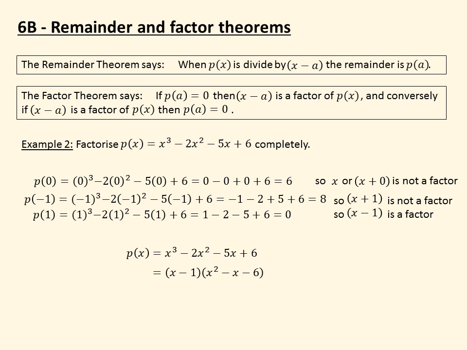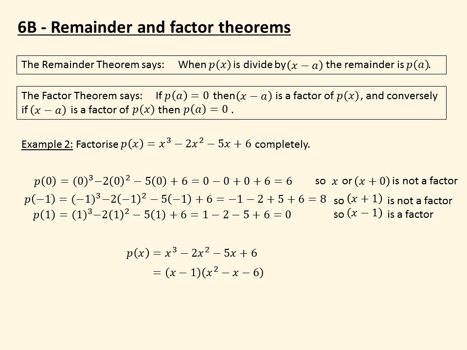If we want to check this, we can check this works for the linear term as well. We have x times minus 6, that's minus 6x, and we have minus x times minus 1, which is plus x. So we have minus 6x plus x, which gives us the minus 5x which we want.